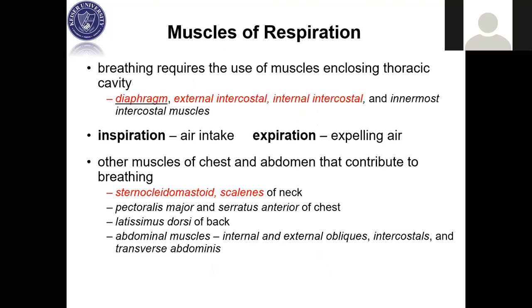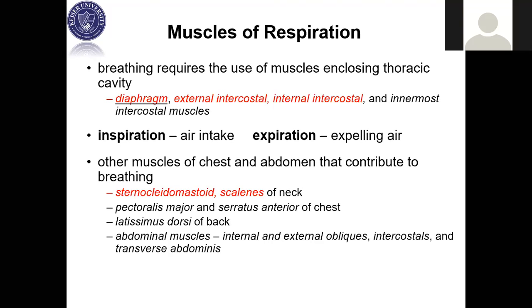So again, we have some muscles that are muscles of respiration. All right. Breathing requires the use of these muscles. Some of the muscles that help with breathing, the most important is the diaphragm. But we have the internal and external intercostals.